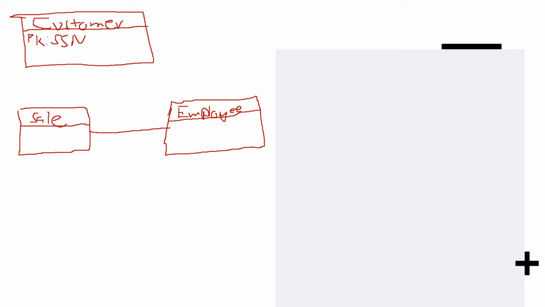But before we do that, we're going to give them each a primary key. So here we're going to give it the primary key of article number, like so. And here we'll do employee ID. There we go. So we got two primary keys and we got a connection between.